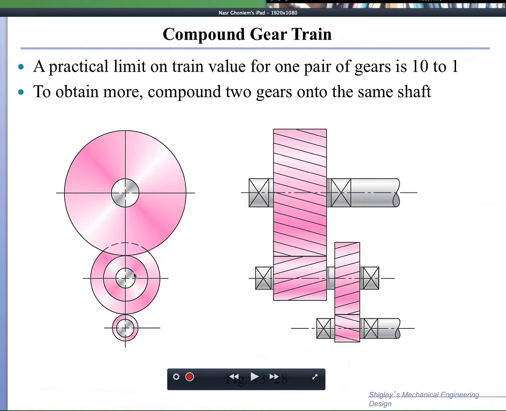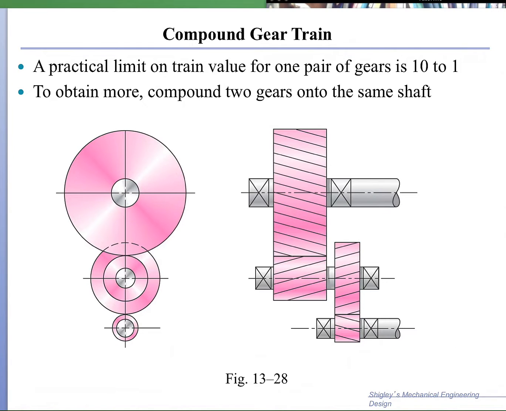If you look from this projection, the two gears are on the same shaft, as you can see here, and therefore you can have a transmission. You have a system where the input comes in from here and the output goes out from here.